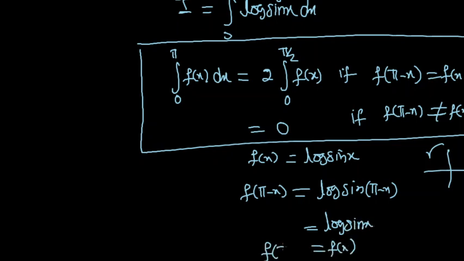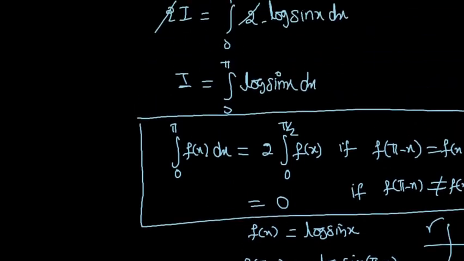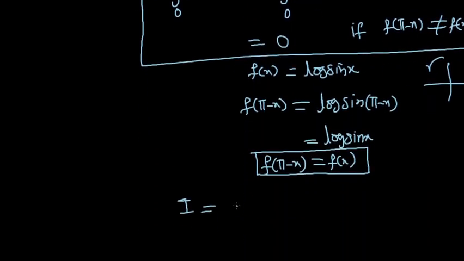This is f of pi minus x. f of pi minus x is equal to f of x. So this is 2 times integral 0 to pi by 2 of f of x. So we can write I is equal to 2 times integral 0 to pi by 2 of log sin x dx.